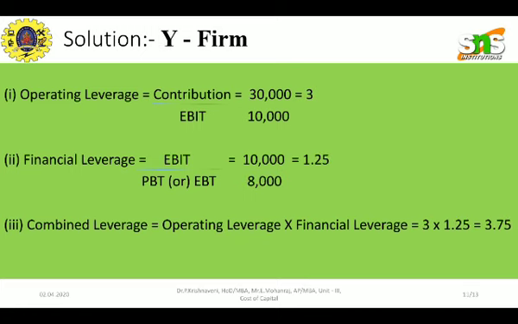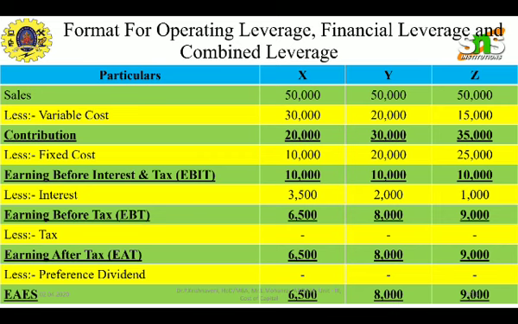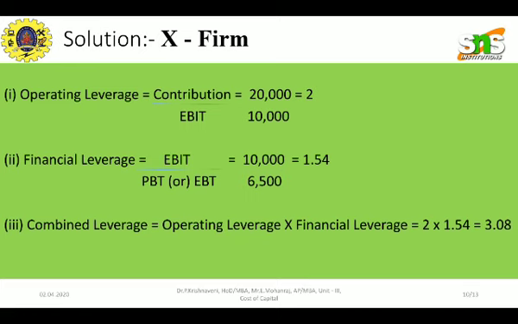Then for Y, operating leverage, the formula is contribution divided by EBIT. Contribution for Y is 30,000, and EBIT is common for all the firms X, Y and Z, 10,000. So 30,000 divided by 10,000 is 3. Then financial leverage is equal to EBIT divided by EBT.